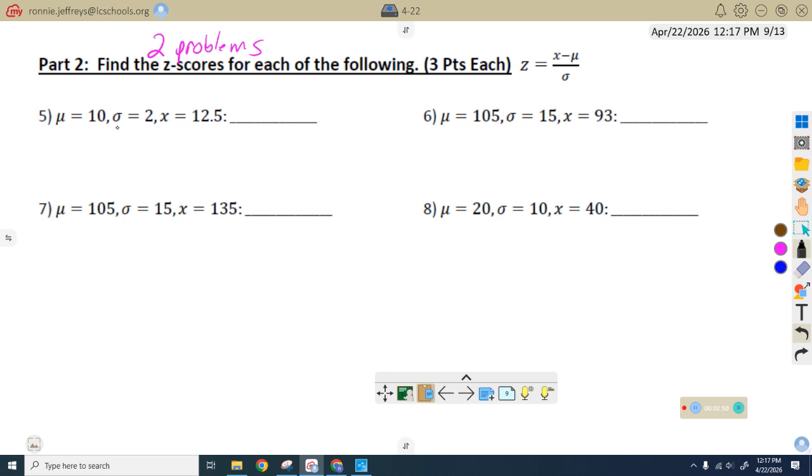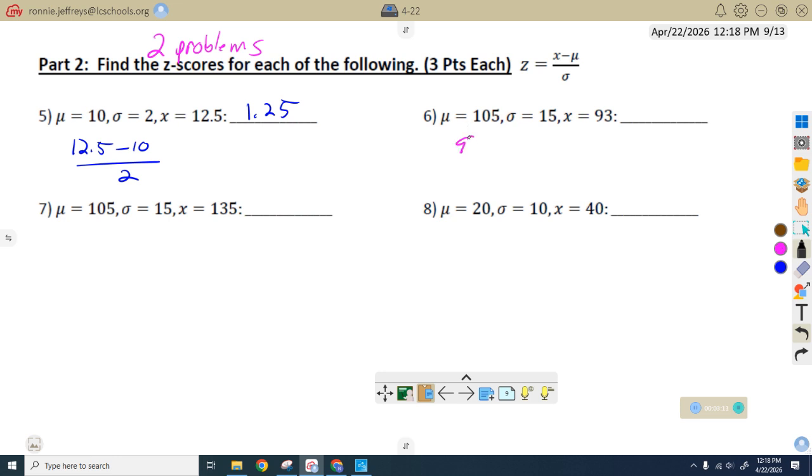All right, so this would be 12.5 minus 10 over 2. Over 2, yeah. All right, 1.25.